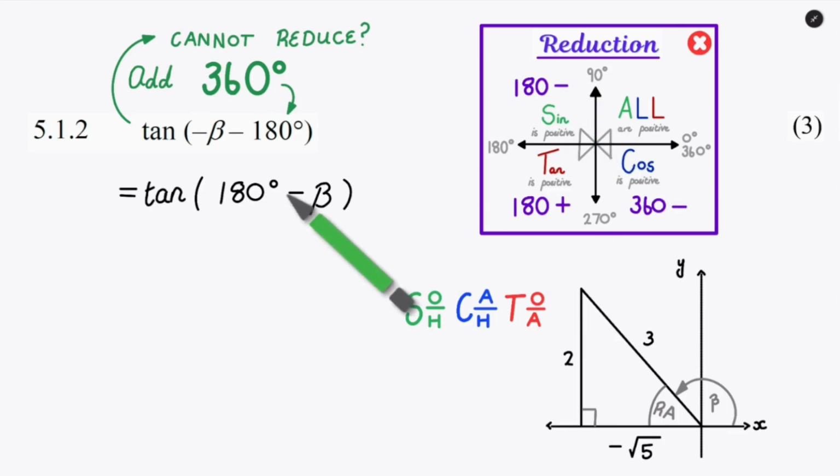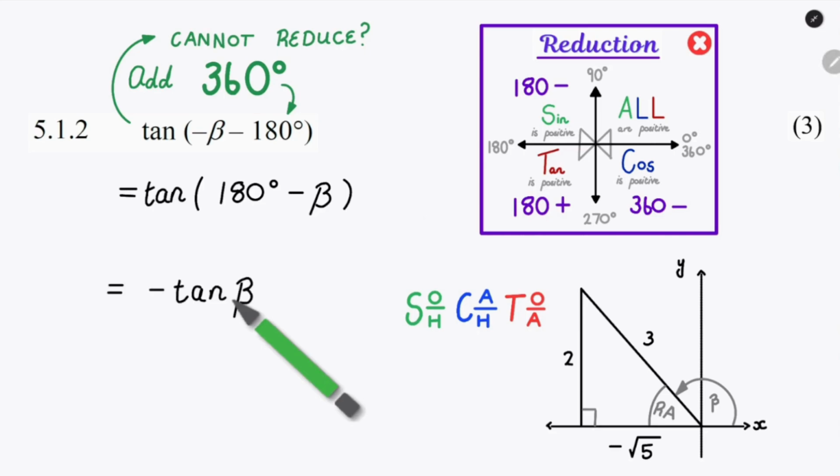You see we have 180 minus. So in that quadrant, tan is negative because only sine is positive there. So we reduce this to negative tan beta. And now I'm going to replace tan beta with an empty bracket, keeping everything else about the structure the same. You see how the minus stays behind? Now tan beta, I'm going to use TOA and my sketch to fill it in.